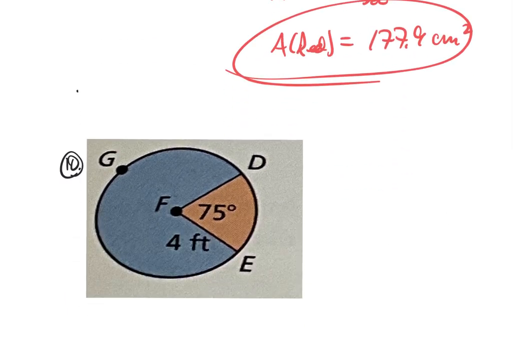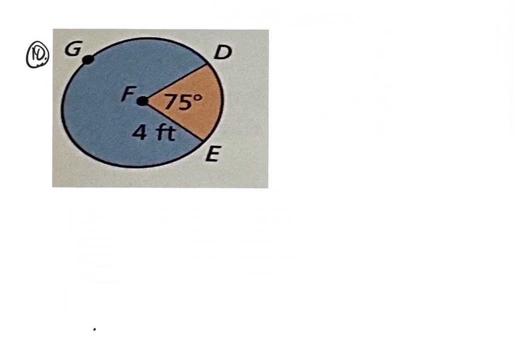Okay, moving on to number 10, exactly the same directions. And I'm just going to choose to do them in a different order this time. I'm going to find the area of the red first. The reason I'm choosing to do that is because they give us the angle at the center for the red sector. So that's going to be the easier one because, right off the bat, they give us that angle as 75 degrees. So it's 75 divided by 360 times pi times the radius.